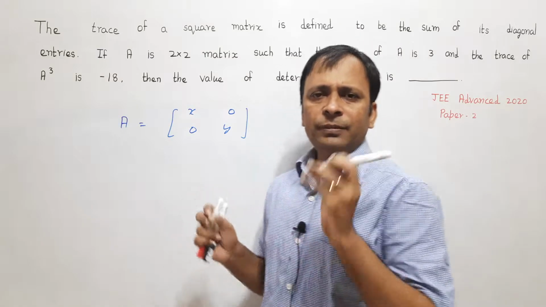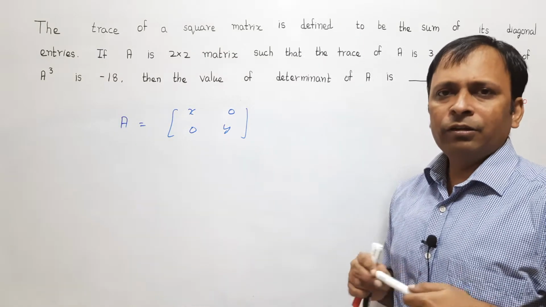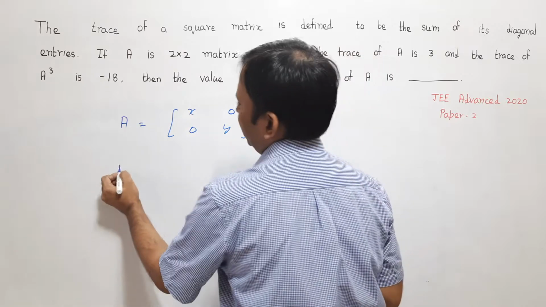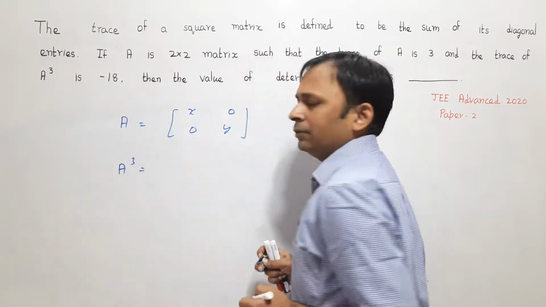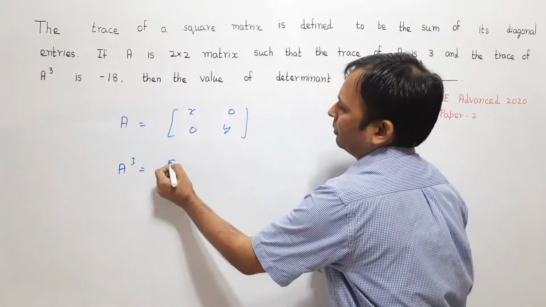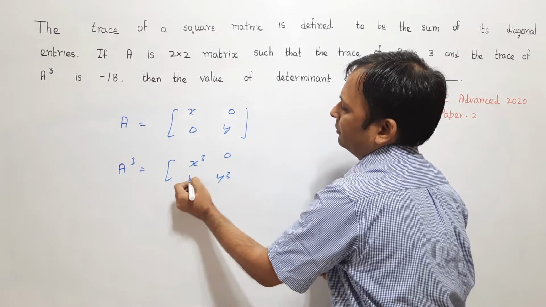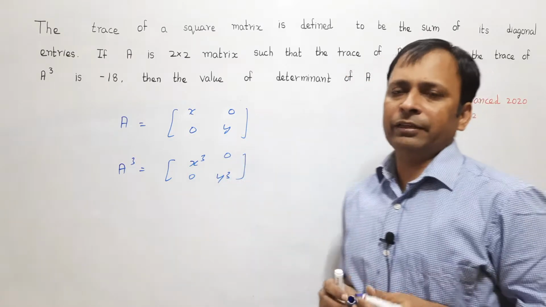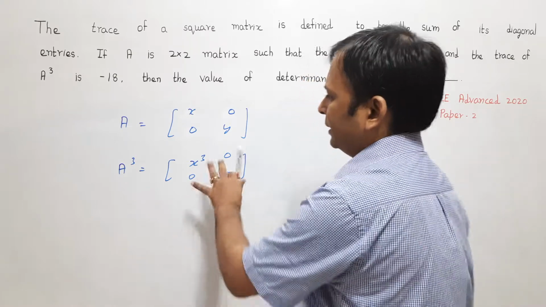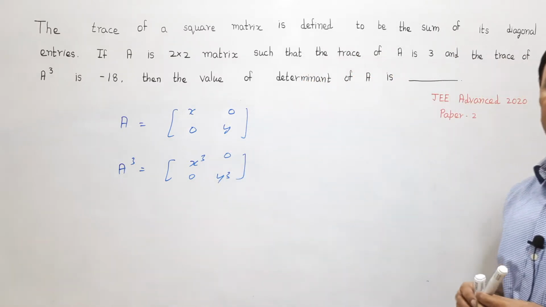Okay, let this be any such matrix. Now, the cube of any diagonal matrix, we know, is nothing but the cube of its diagonal entries, which is x cube and y cube, and the other values are 0. We know this property of a diagonal matrix. Using that I can say this is A cube.